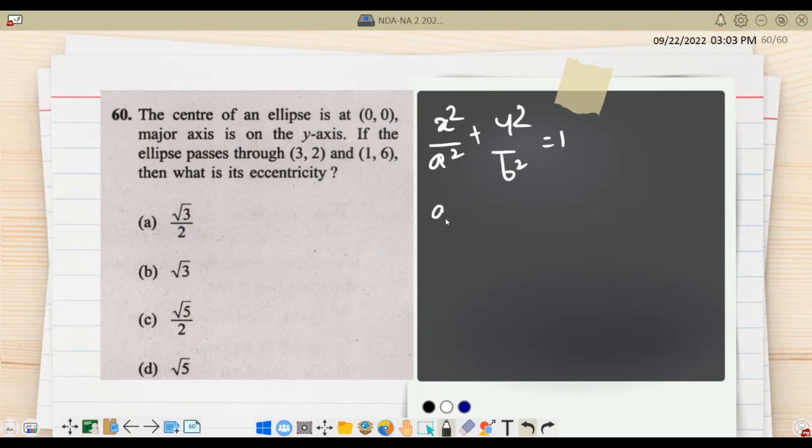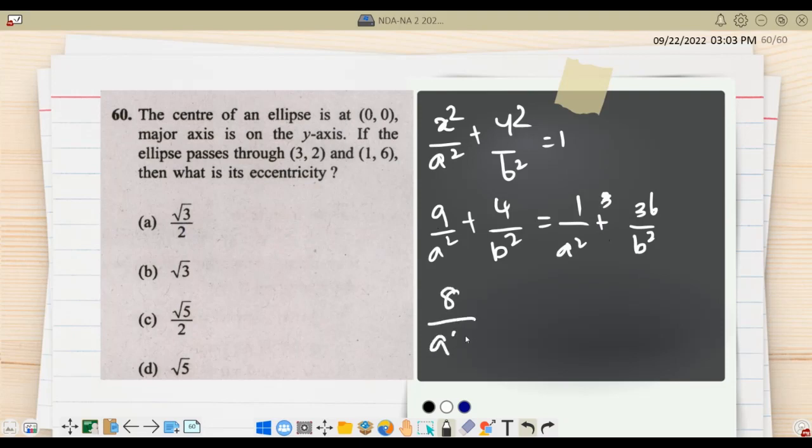If you apply (3, 2), it's going to be 9 by a square plus 4 by b square. This is going to be equal to, if you apply (1, 6), 1 by a square plus 36 by b square. Bring the a square terms to one side and all the b square terms to the other side.